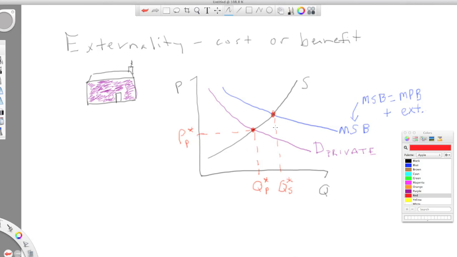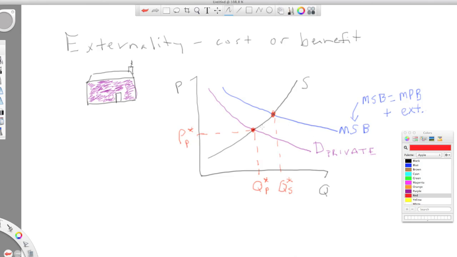If we're thinking about public education, for example, the private benefit would be the one that would accrue to an individual family or to an individual child who's being educated, and the difference between the purple line and the blue line accounts for the fact that the rest of society is better off if kids spend time in school.